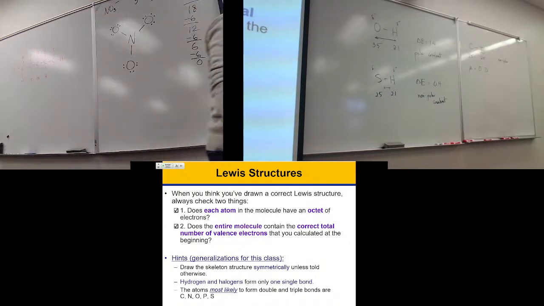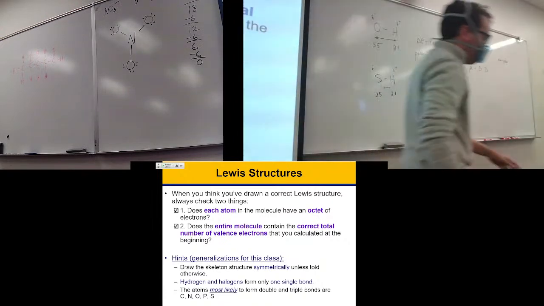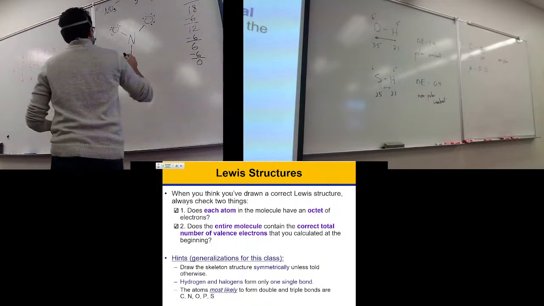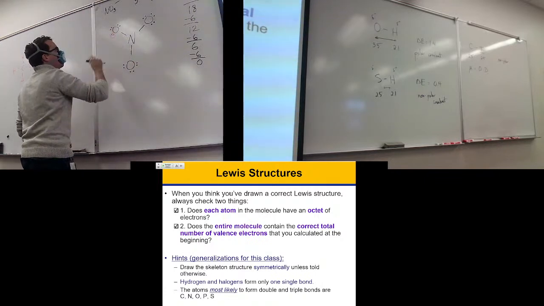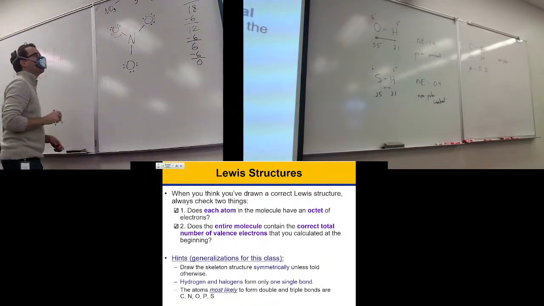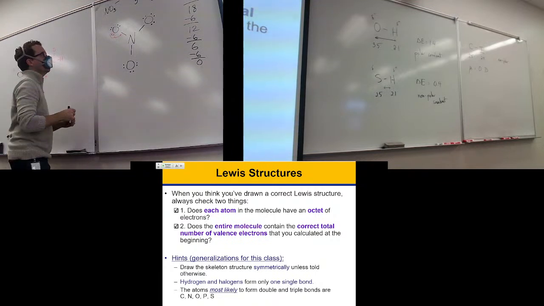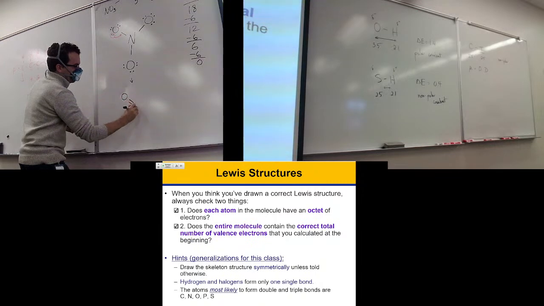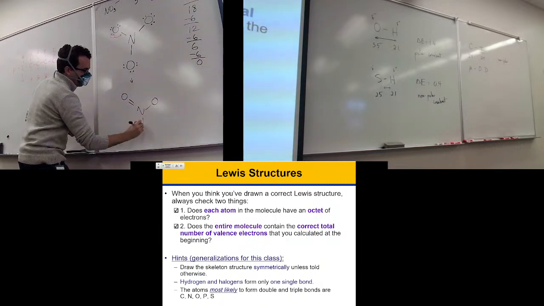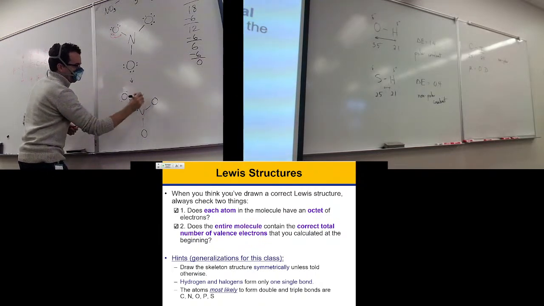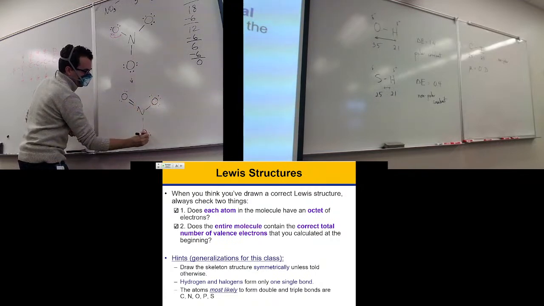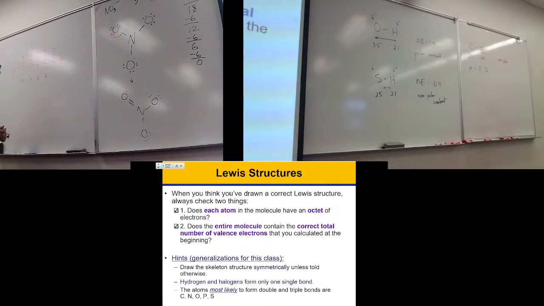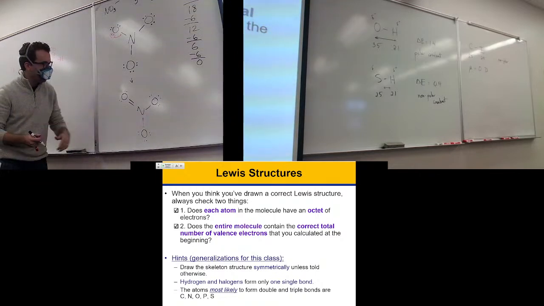I'm going to take a lone pair that I previously just drew in, and instead of putting it just on the oxygen, this one for instance, I'm going to share it between the oxygen and the nitrogen. So when I do that, I get that. So that is a very good version. There's 8 electrons around the nitrogen.